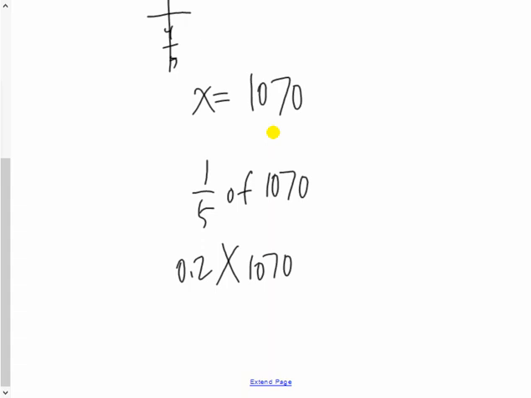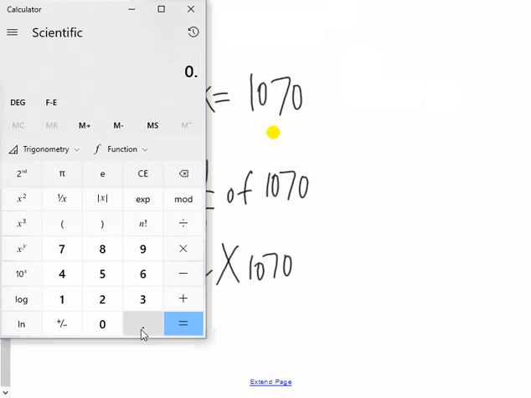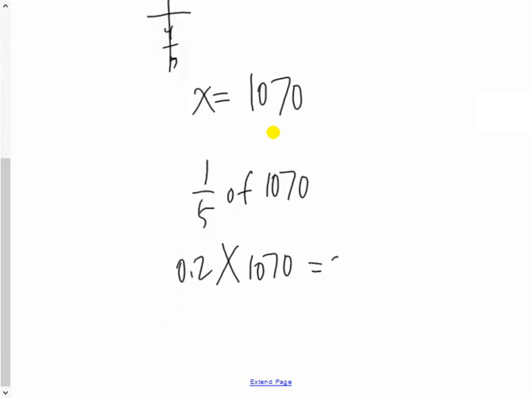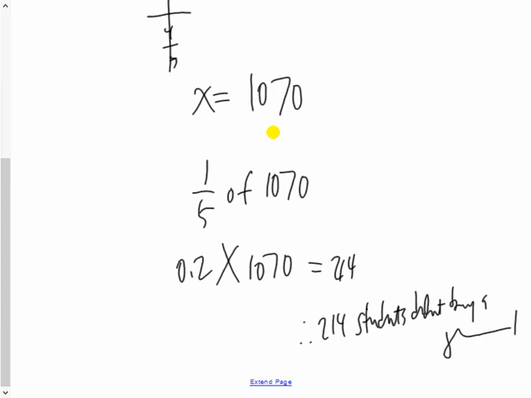So what is 20% of the school who didn't buy a yearbook? 20% of the 1,070 kids means that therefore, there are 214 kids, 214 students didn't buy a yearbook.